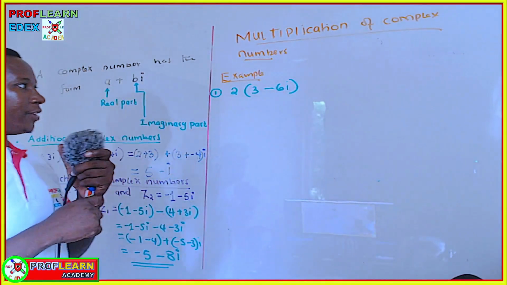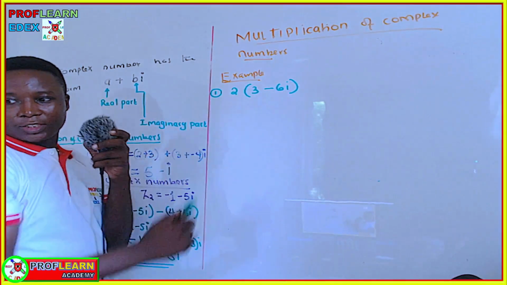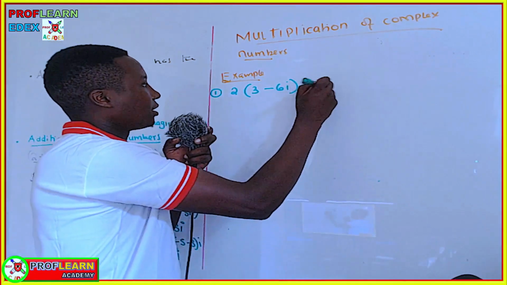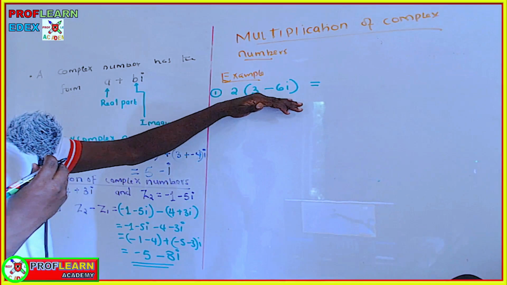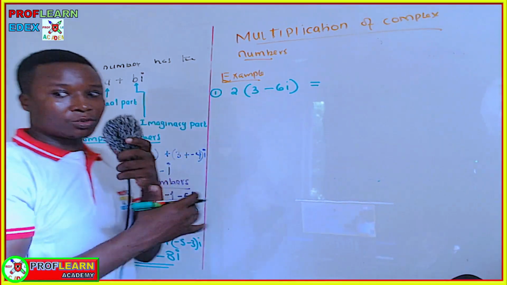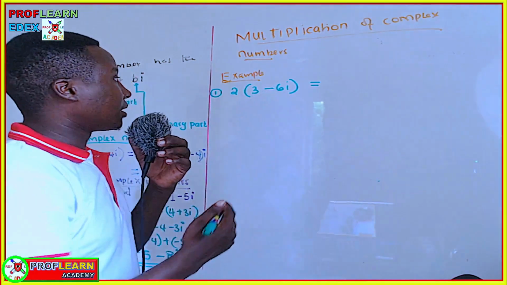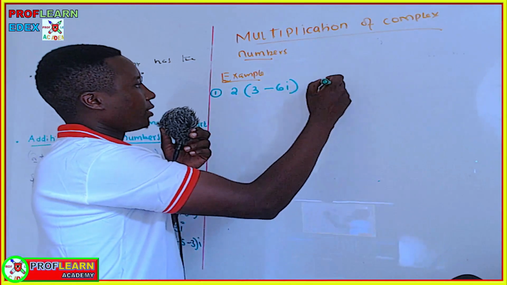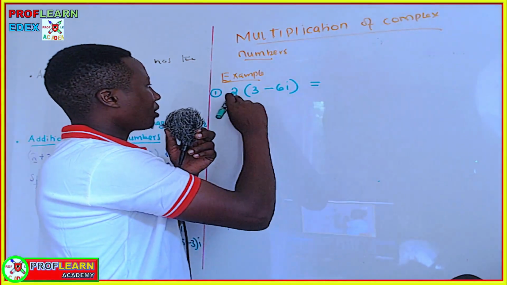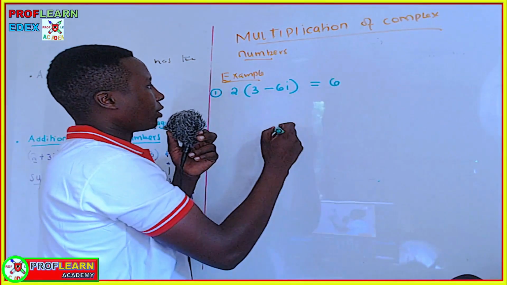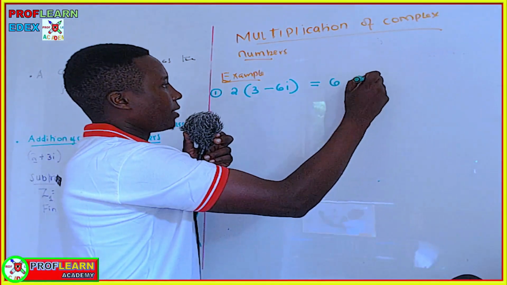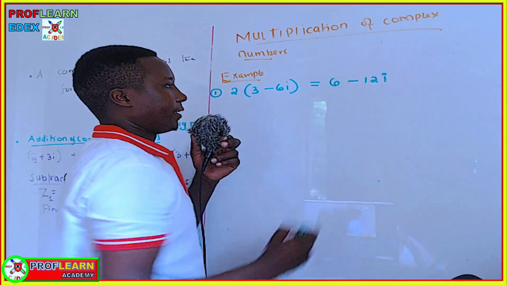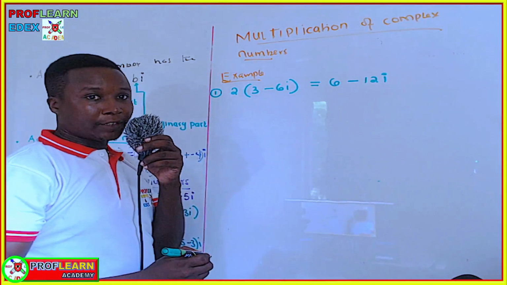If you are given a number like this and you're supposed to multiply, it means this is a constant multiplied to the two parts of a complex number, the real part and the imaginary part. So this is going to be 2 times 3, which is 6, and 2 times minus 6i, which is minus 12i. Now this is the answer for this.